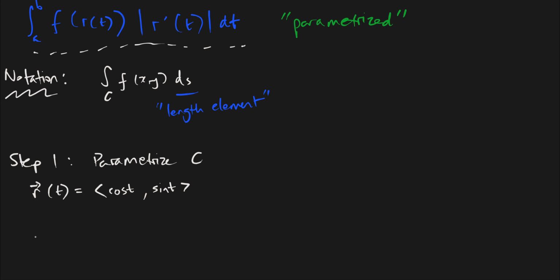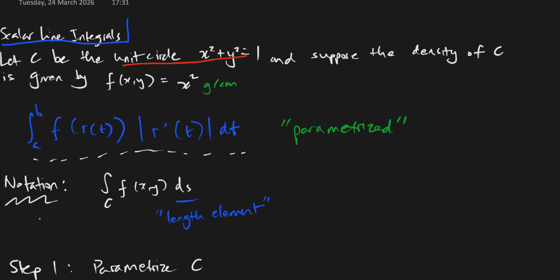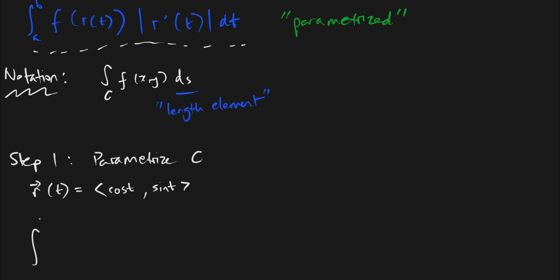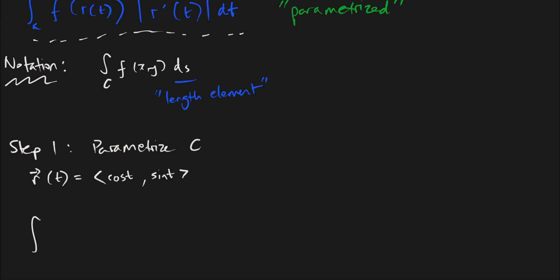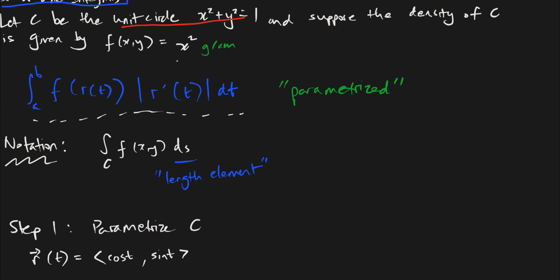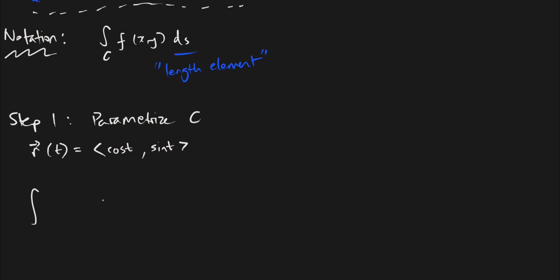So this is our function x squared, so we only take the x value, which is cos t.